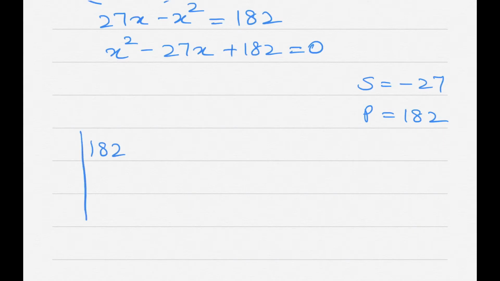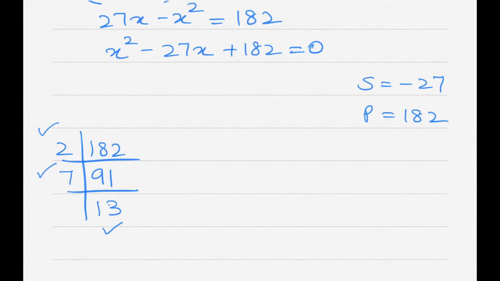Like 182, I can find the prime factors, so it will be easier for us to know whether it is solved by this number or not. 2 times 91 is 182. 91 has no other small factors, but 7 times 13 is 91. So my prime factors are 2, 7 and 13.